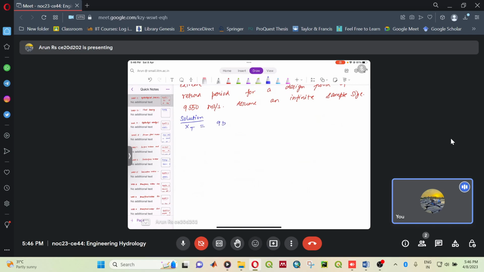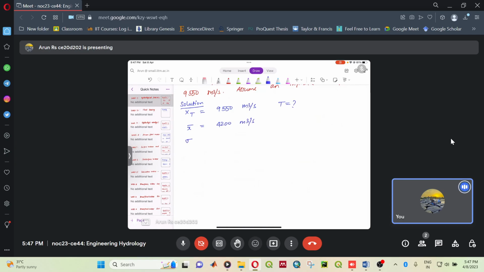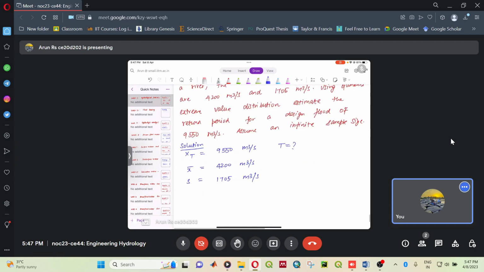So xt is 9,550, and we need to find out the value of T, and mean is given as 4,200 meter cube per second, and the standard deviation is given as 1,705 meter cube per second.